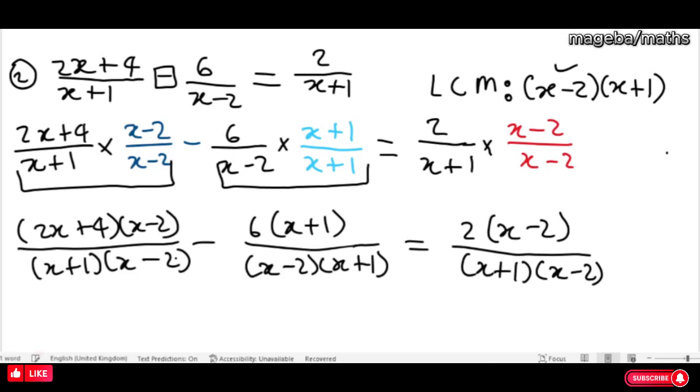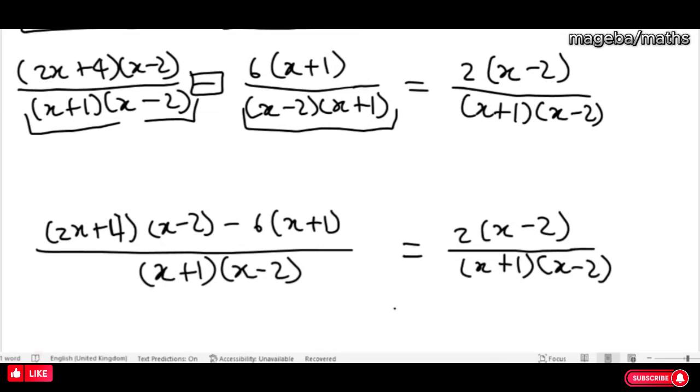Now something that is very important that I'm going to do right now, remember we have this equal sign in between these two things, and have this fraction, have this fraction, these two denominators are the same. So if you have two denominators that are the same, you can leave them out, meaning you can crop them out and then only take what we have on our numerators.